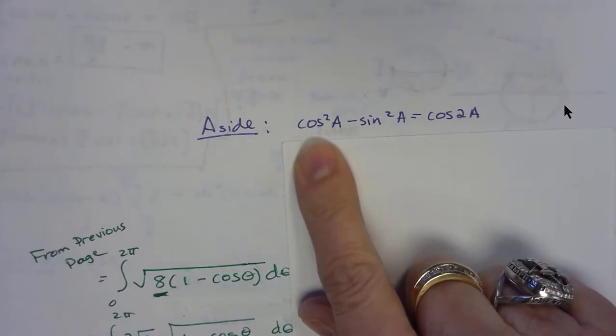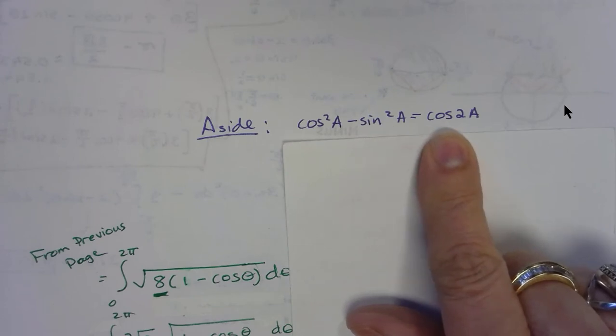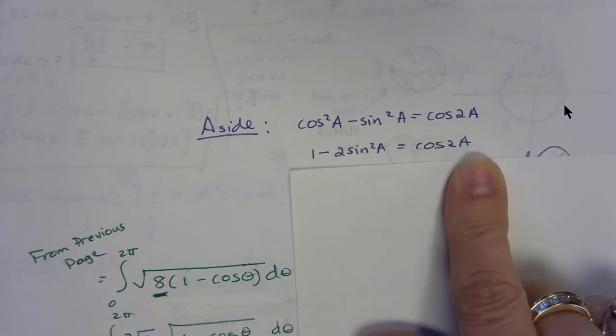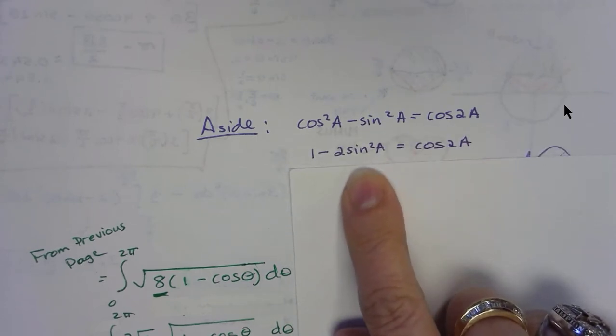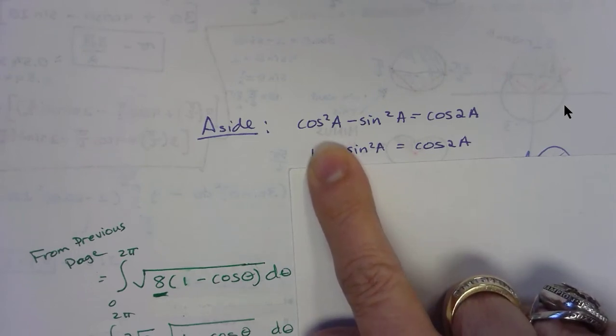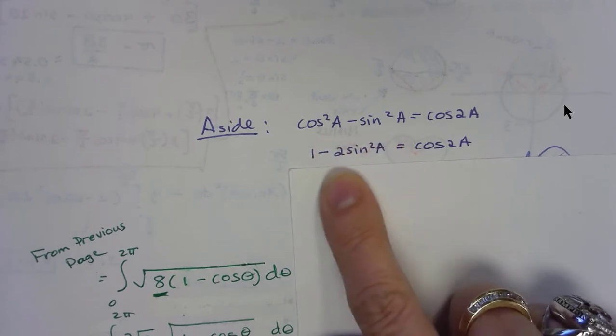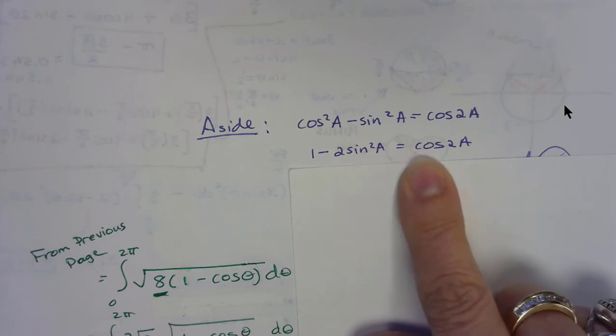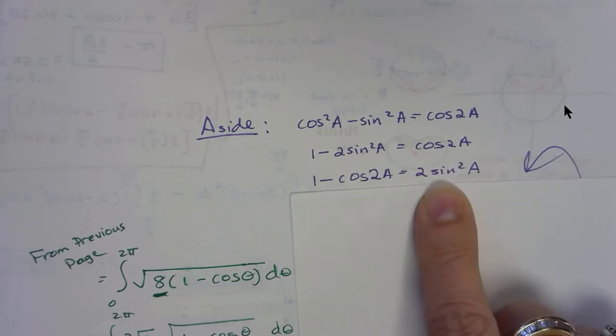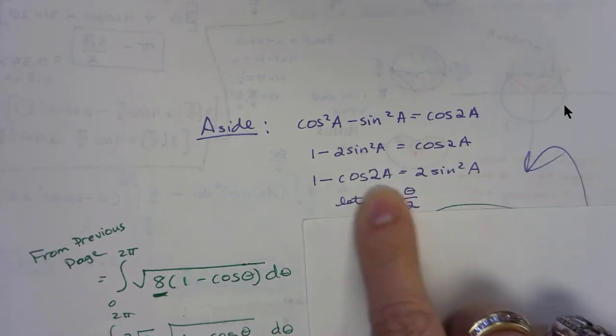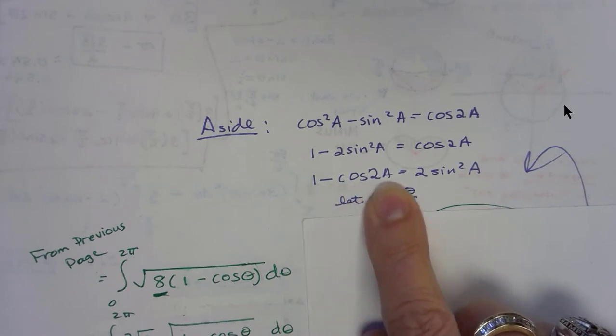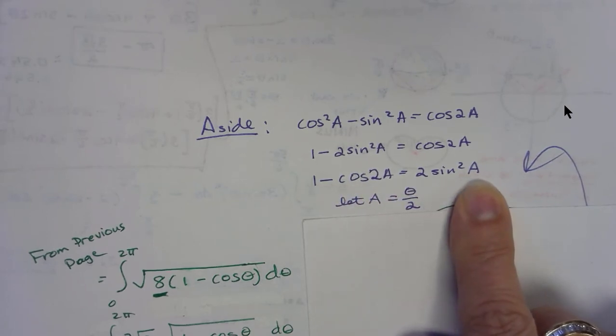Let us remember cosine squared a minus sine squared a is cosine of 2a. If I substitute 1 minus sine squared for cosine squared, I get 1 minus 2 sine squared a equals cosine 2a. Solving this gives me 1 minus cosine 2a equals 2 sine squared a.